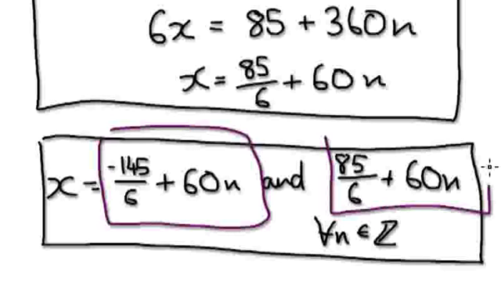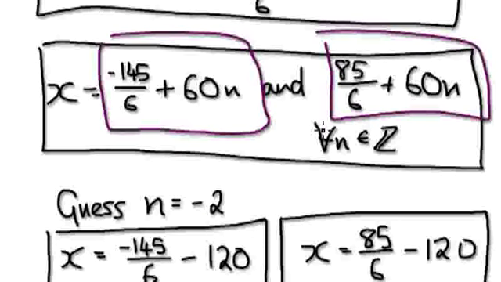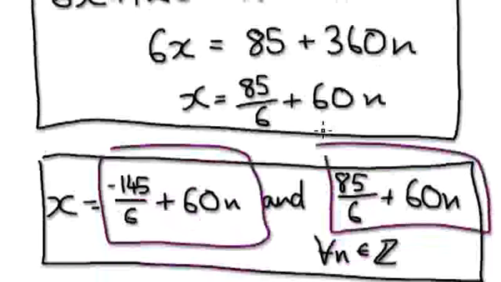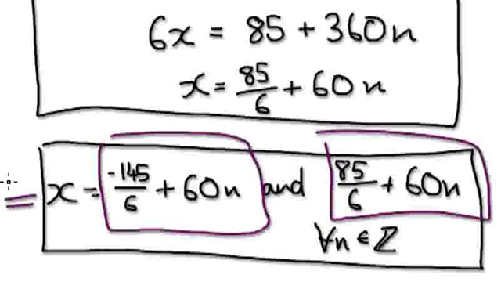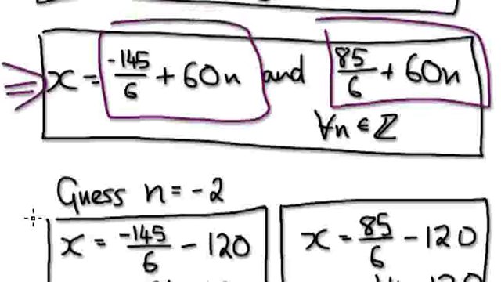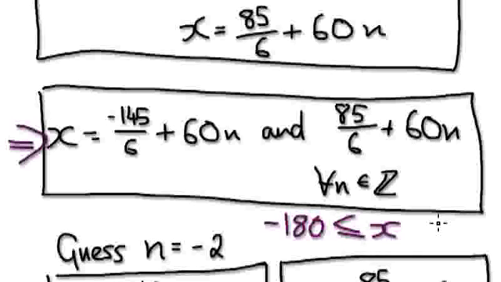Now we need to think about our range. Now we've solved for x, our range, our solution for x, has to be in the range of negative 180 and negative 90.